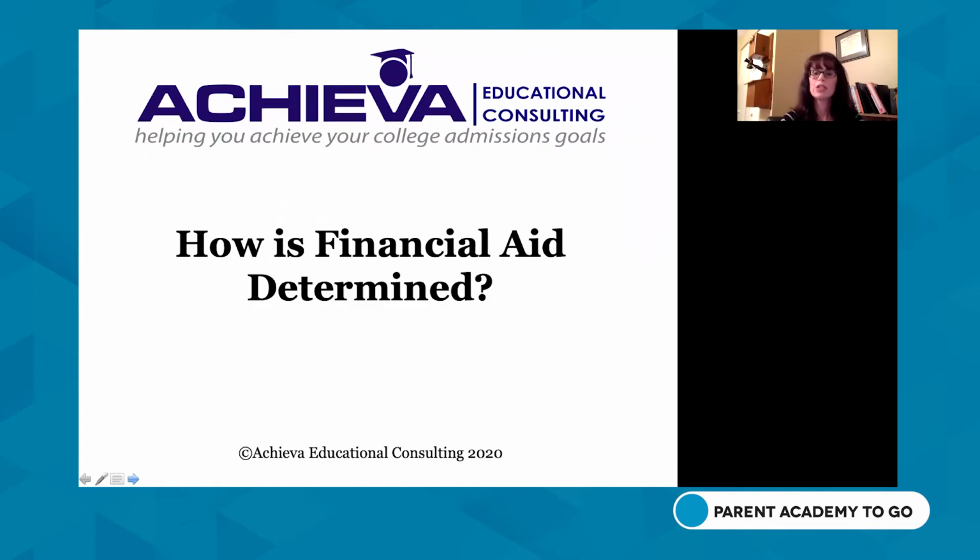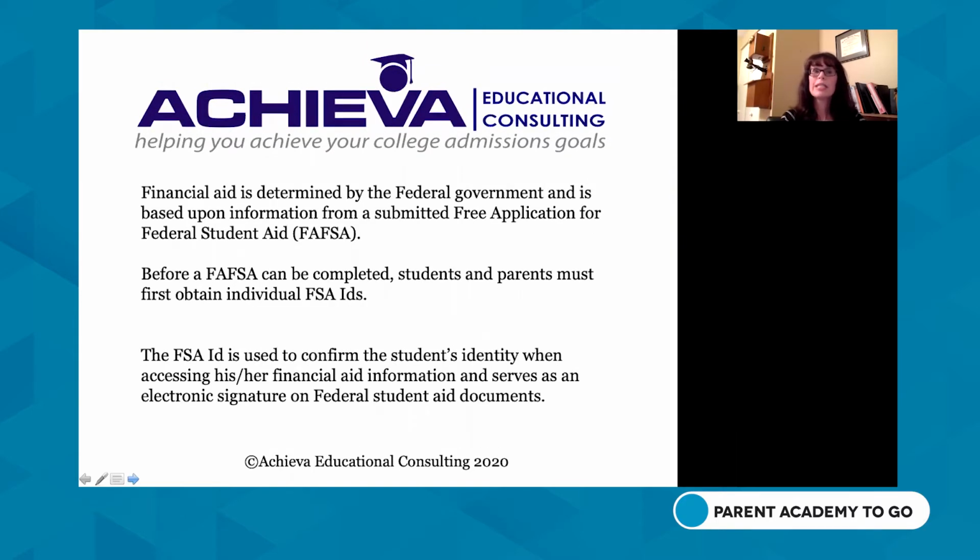How is financial aid determined? Financial aid is determined by the federal government and is based upon information that is submitted through the Free Application for Federal Student Aid, also known as the FAFSA.